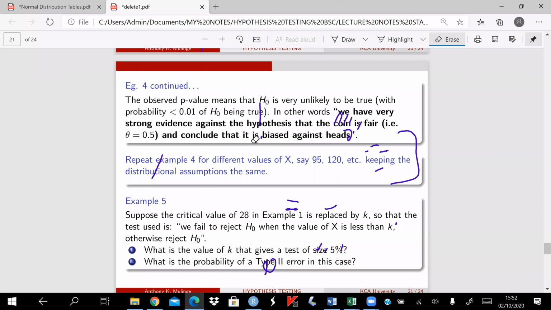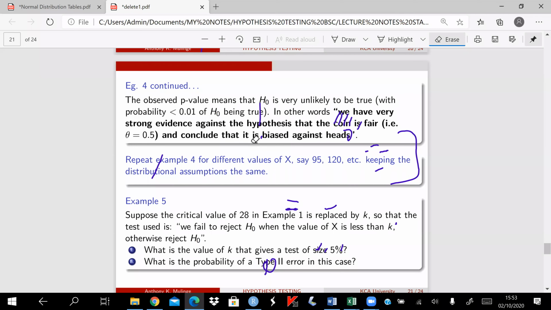So we have example 5 here. Suppose the critical value of 28 from example 1 is replaced by a constant K, so that the test used is we fail to reject H0 when the value of X is less than K, or otherwise you reject H0.